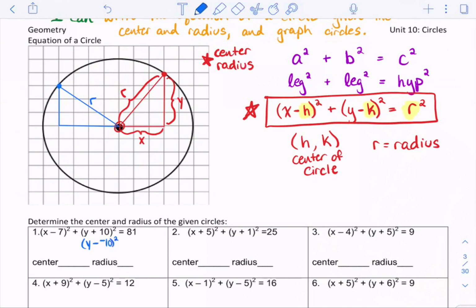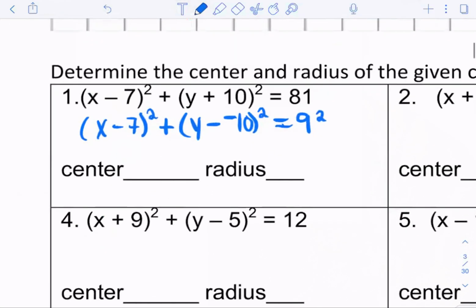And then, like we said before, what number squared would give me 81? And some of you are saying, hey, Mr. Talhami, 9 squared is 81. So do you think you can pull the center and radius from this first example?